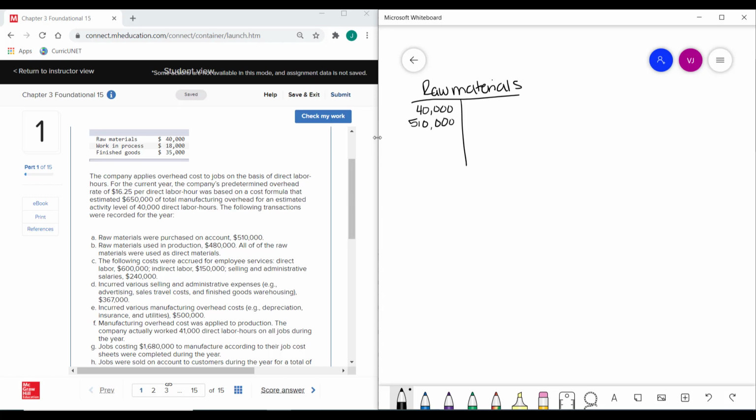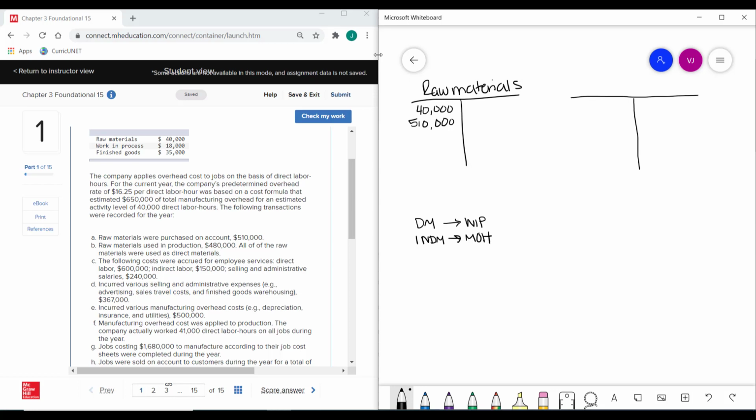So now it says of that $550,000 of raw materials, we used some in production. Now, it says all of the raw materials used were used as direct materials. So remember, direct materials, raw materials that are used for direct materials, that is moved to what account? Work in process, right? Any indirect materials are moved to manufacturing overhead.